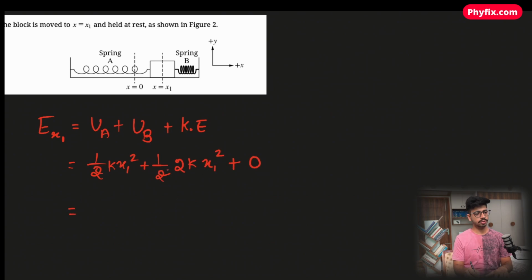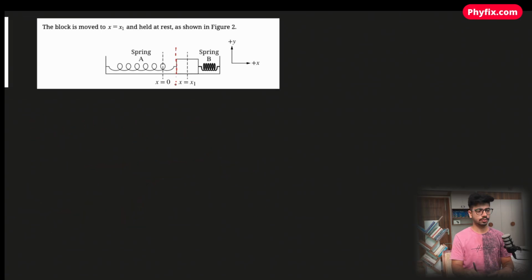If I add both of them, the 2 cancels out, so this is 3 by 2 k x1 square. This is the E total at x1.